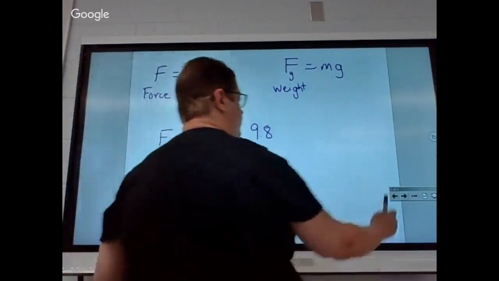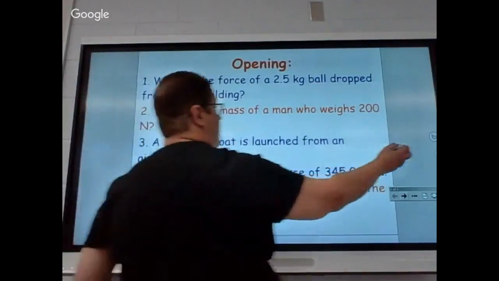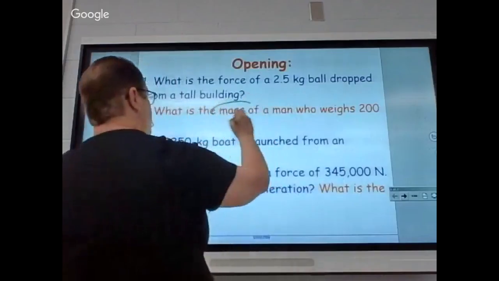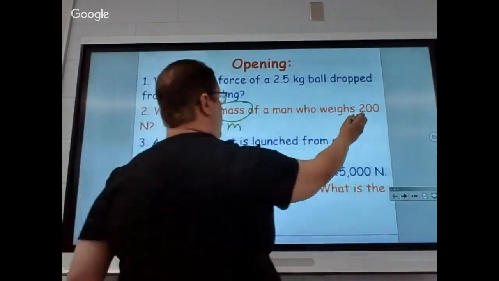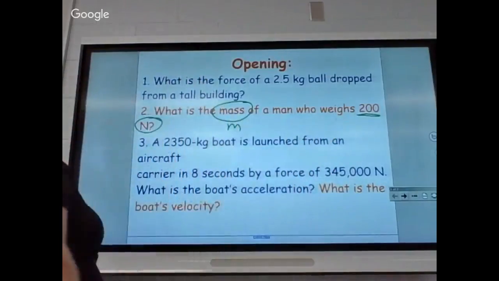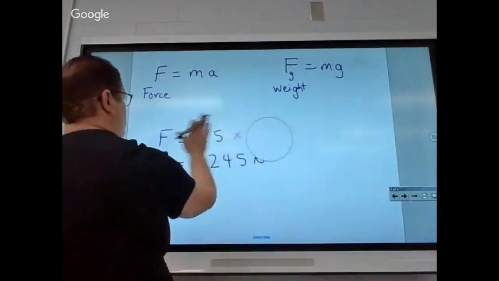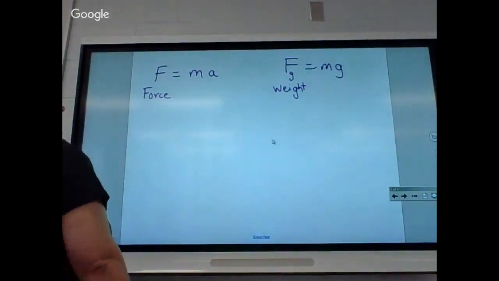All right, number 2. They want you to calculate a mass. If you're calculating a mass, you're looking for what letter? M. And what is 200 newtons? That's the force, okay? So which formula do we want? It doesn't matter.